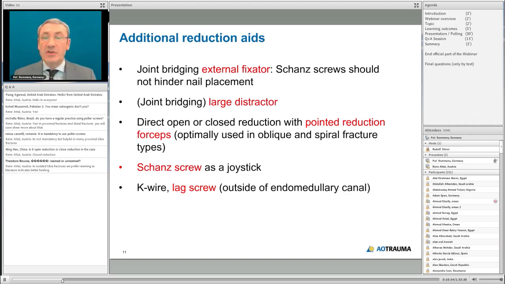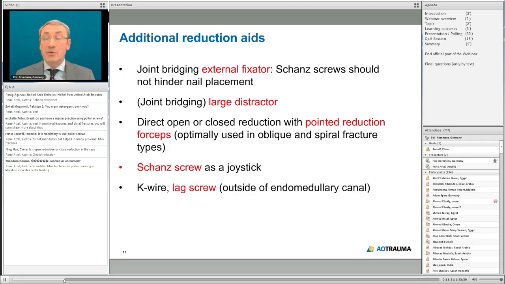Additional reduction aids can be the use of the external fixator or large distractor as a joint bridging or non-joint bridging device. We can perform an open or closed reduction with a pointed reduction forceps, which is optimally used in oblique and spiral types of fractures.